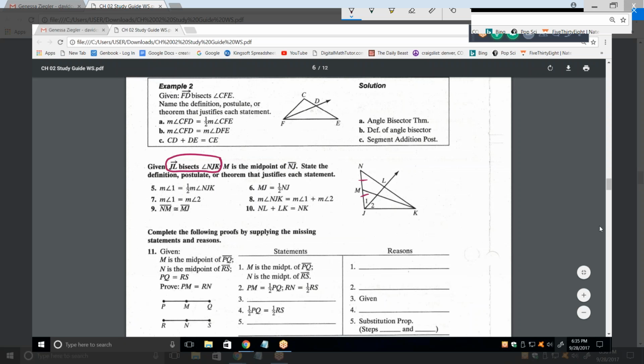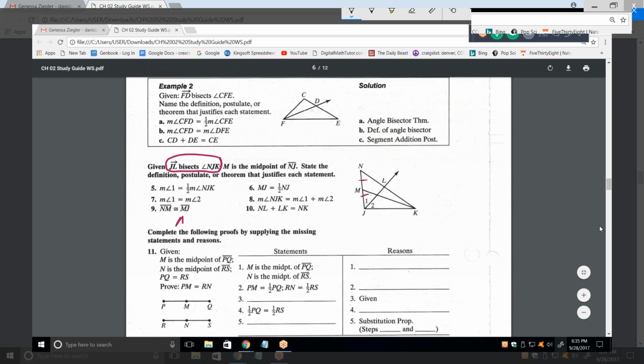Yeah. And I guess that's all it means, that angle 1 equals angle 2, and that's not what they want to prove, though. They want to prove that angle 1 equals half of that. I guess you could say the angle bisector theorem along with division, right?